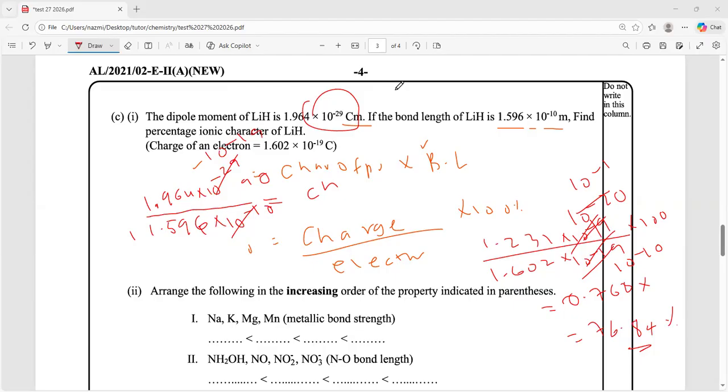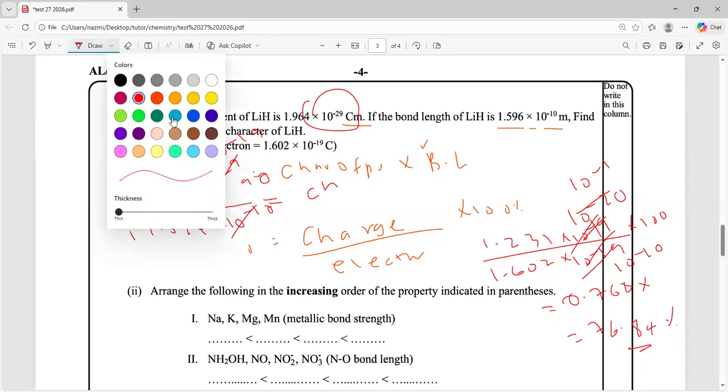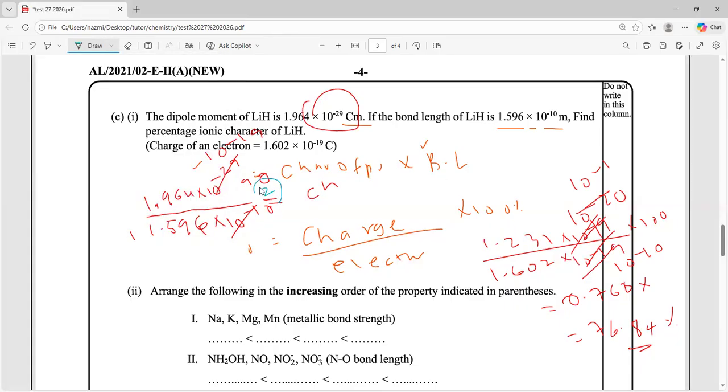If you write the equation and substitute, sometimes you will get marks. For the substitution with units in the first part, finding the partial charge, you have 2 marks.